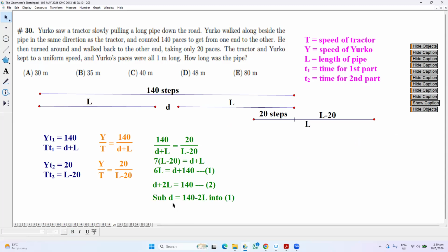Substitute D inside here: 140 minus 2L. 6L equals 140 minus 2L, so we get 8L equals 280, L is 35. L is 35.